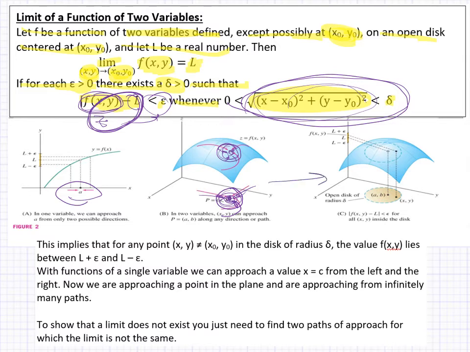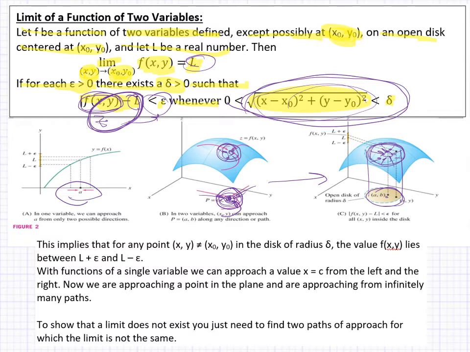And again, this picture kind of defines that. So here we have an open disk around this point AB, projected up onto the surface. You get all these z values here, and these z values have to be shrinking in closer and closer to this particular z value for that limiting value L to be the answer for the limit.